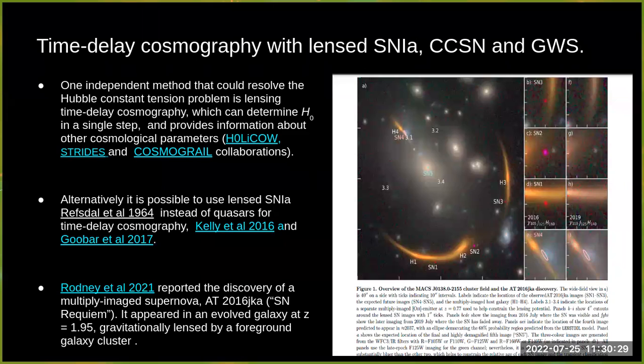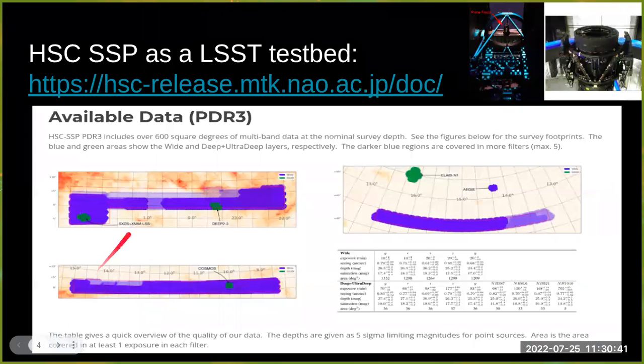And the key point is, well, how to find these interesting systems. Here I will make a detour to when I work with the Rubin data. I like to think of the Hyper Suprime-Cam Subaru Strategic Program as a testbed for Rubin.